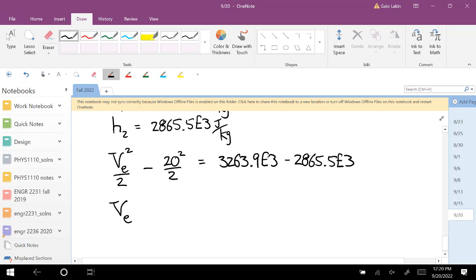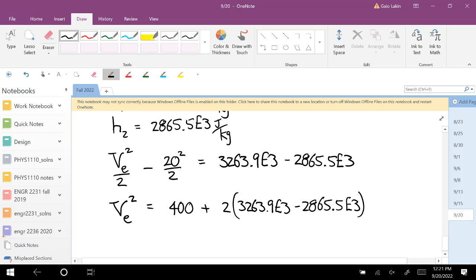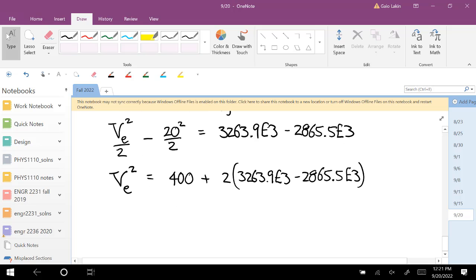And so VE squared is 400 plus 2 times this stuff. Can someone punch that in, take the square root, and tell me what VE is?